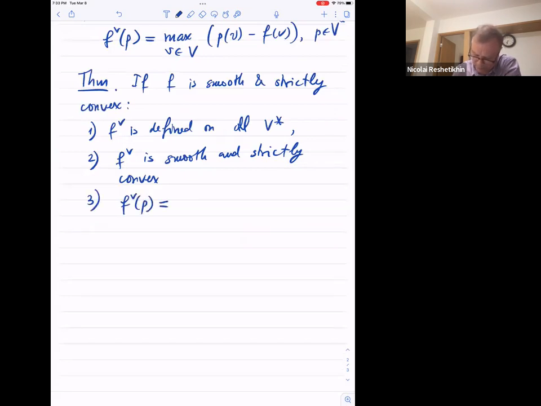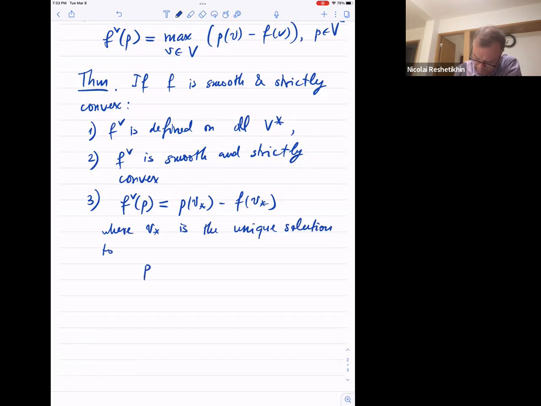Third, F hat of P is equal to P of V star minus F of V star, where this maximum is achieved at a unique critical point, and V star is the unique solution to the equation. I'll just write it in local coordinates: Pi is equal to dF over dVi.